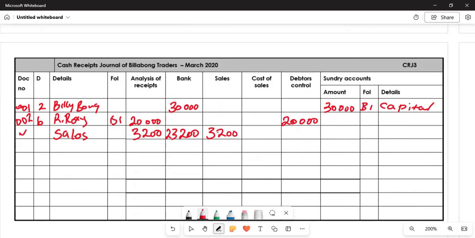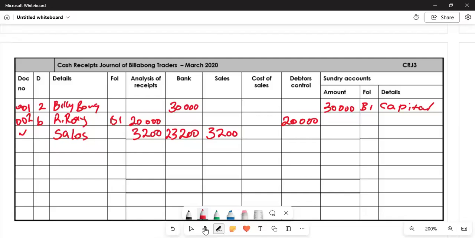If we sold goods, it means there is a cost that we incurred. We cannot sell without incurring costs, because for us to sell the goods there are costs we incurred. So now we are to calculate the cost of sales.